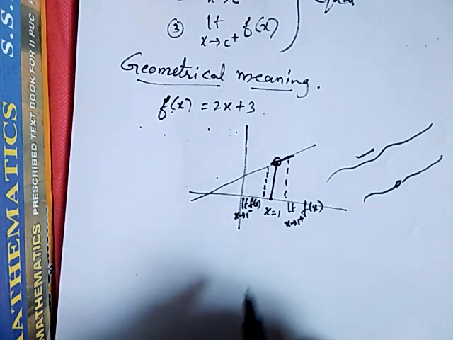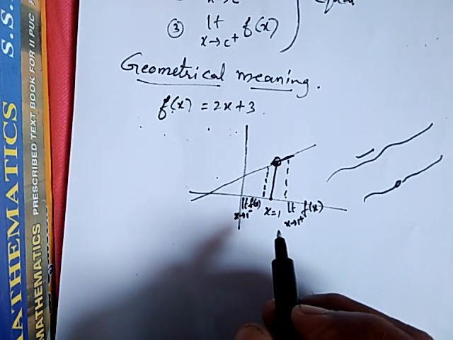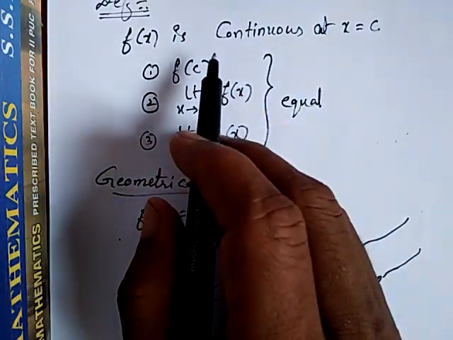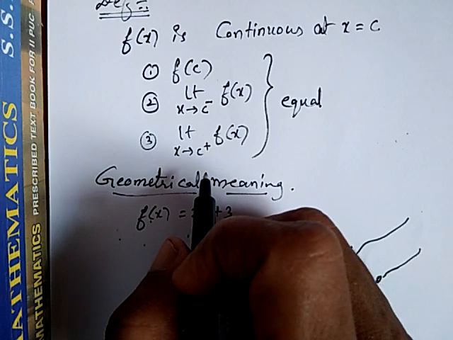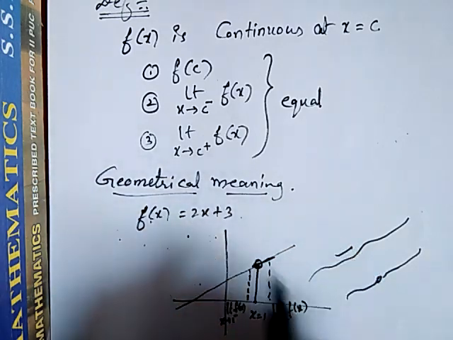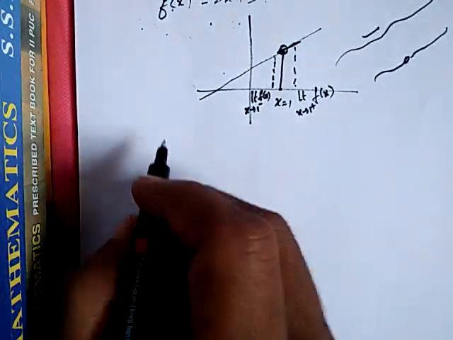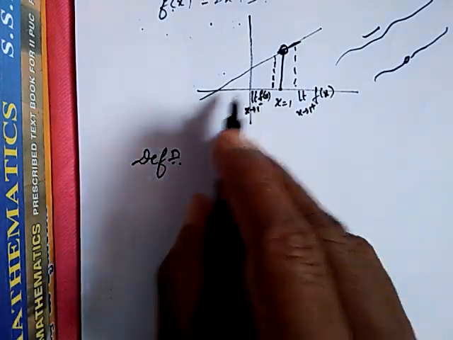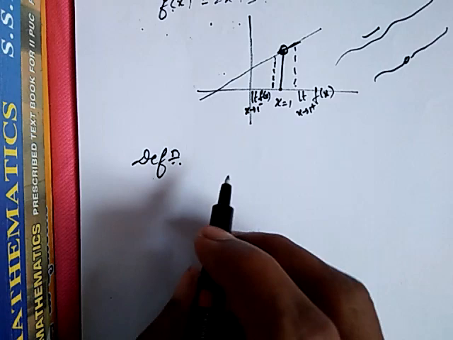So the left hand limit and right hand limit, both should exist. Or in another way you can say that the value of the function is equal to the limit. Or you can say another definition also like this. I hope you understood the geometrical meaning of the continuity.